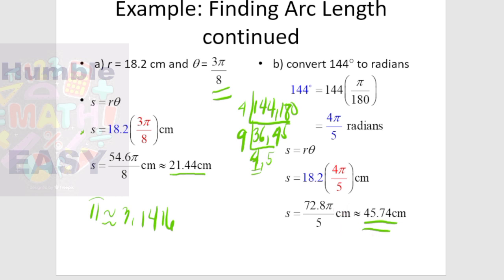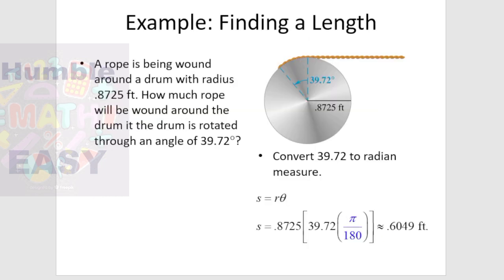Okay, we now have another example, and the example here is a rope is being wound around a drum with the radius of 0.8725 feet. How much rope will be wound around the drum if the drum is rotated through an angle of 39.72 degrees?